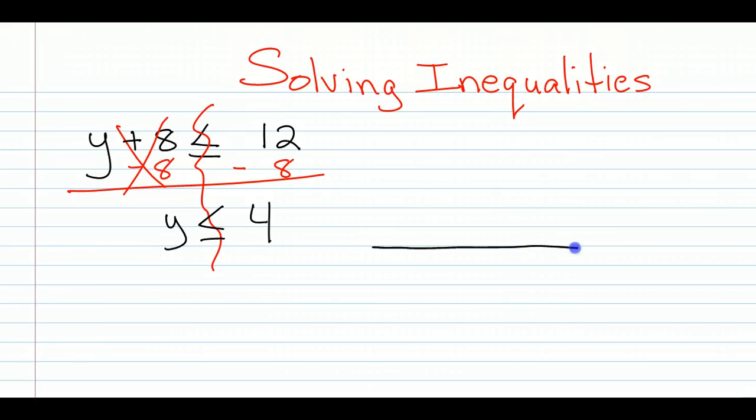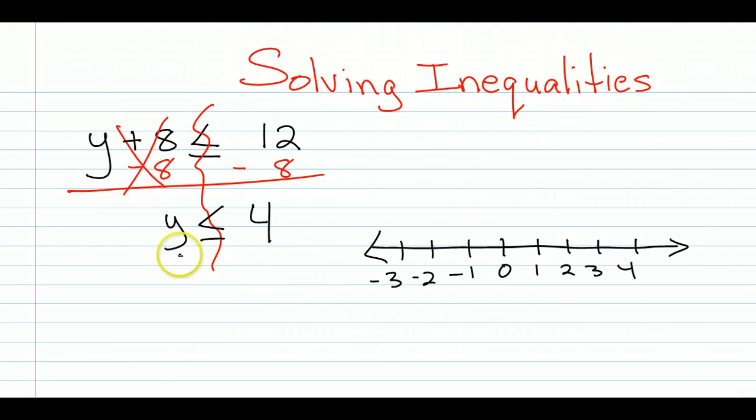And to graph that, make yourself a number line. This one's pretty easy. 1, 2, 3, 4. 0 in the middle. 1, 2, 3, 4. -1, -2, -3. All right. Now we're going to start at 4. Is the 4 going to the party? Is it going to be a filled circle because the stomach is filled with food?